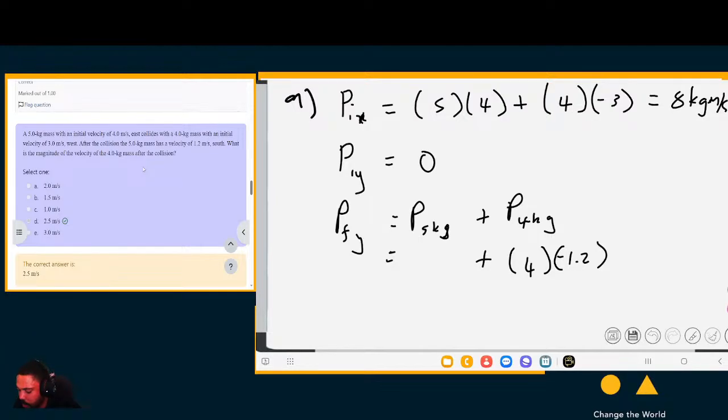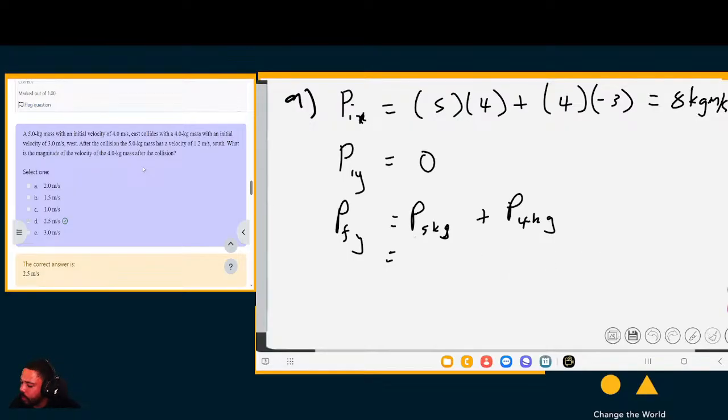Oh, I made a mistake here. So P final in the y direction, correct? We have the 5 kilogram mass. That's 4 kilogram. This is wrong here, and I'm wondering what the mistake is.